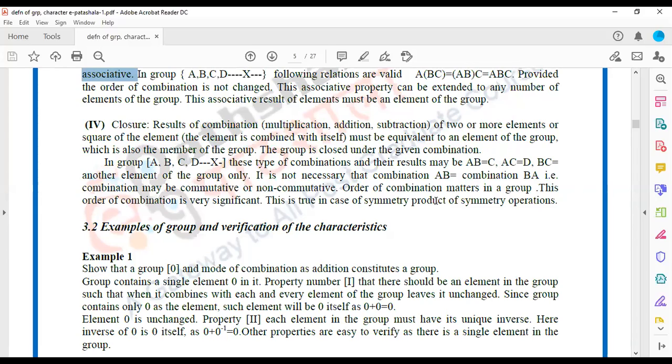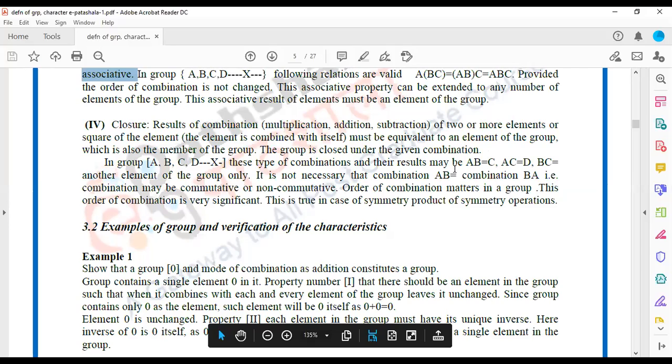This closure can be of two ways: it can be commutative as well as non-commutative. What do we mean by commutative? If AB is equal to BA, if I just reverse it, A into B is equal to B into A, then it is commutative.